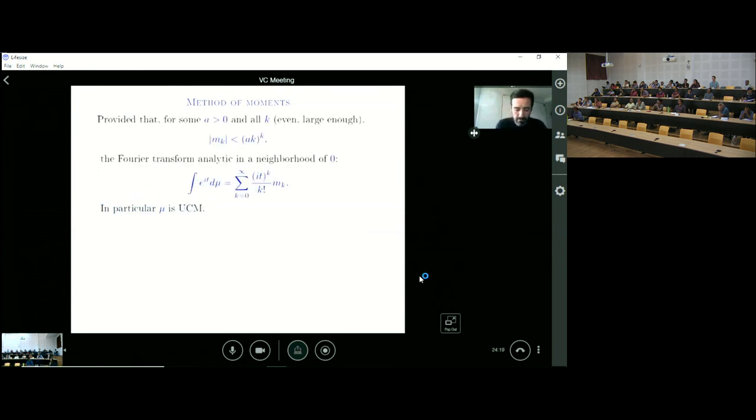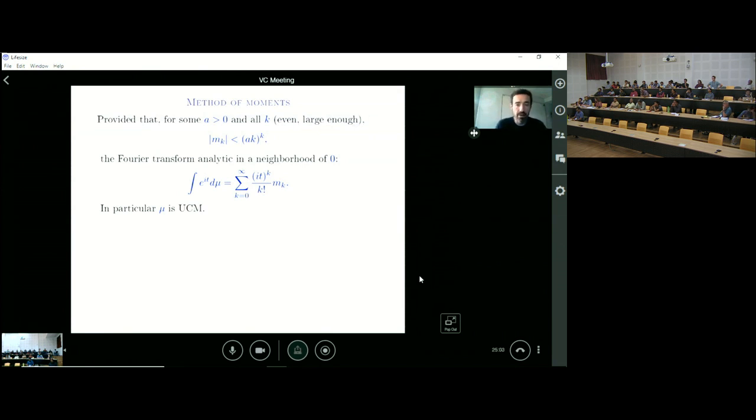What kind of measures are uniquely characterized by their moments? There is one criterion which is cheap and easy to get. Assume that the moments grow like a to the power k. Then, using the Stirling formula, it's easy to see that the Fourier transform of the measure is analytic in a neighborhood of 0, essentially of radius 1 over a.